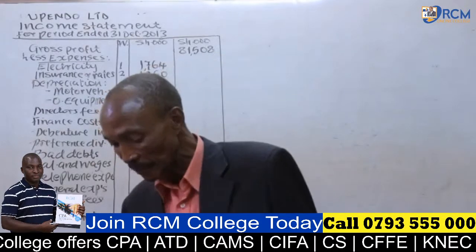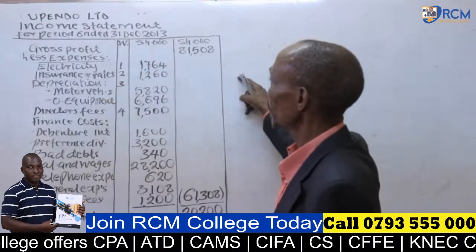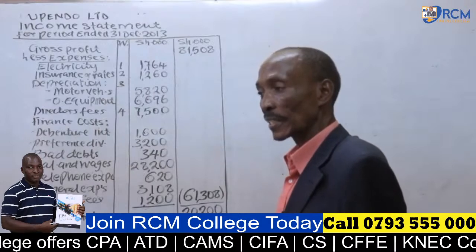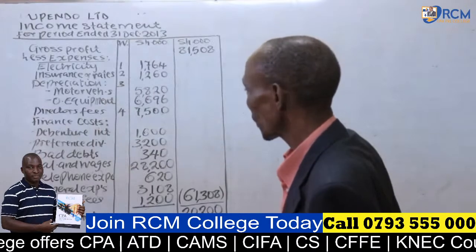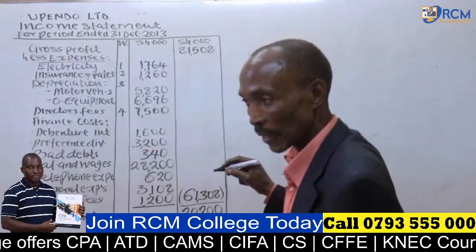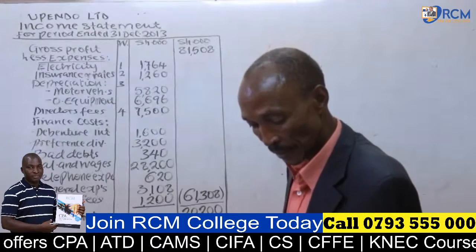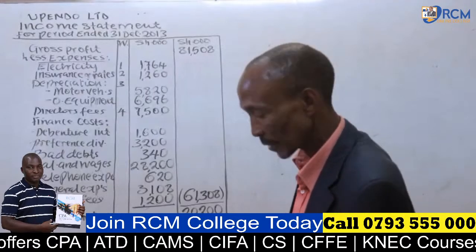There is one working that you can only do after you have done the income statement. That working is about the retained earnings. It could be working number 7.